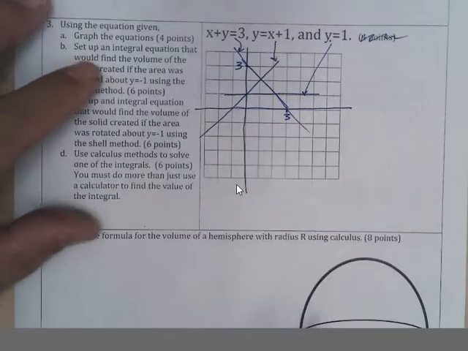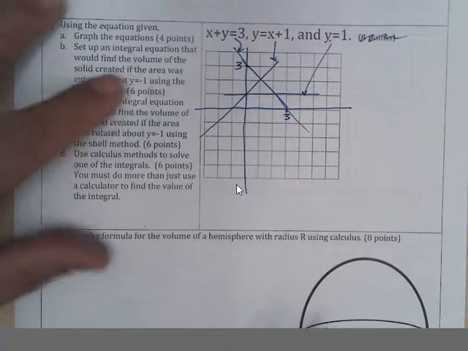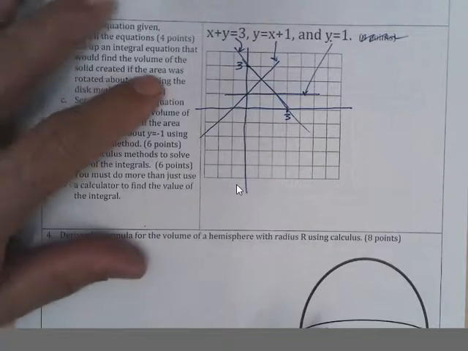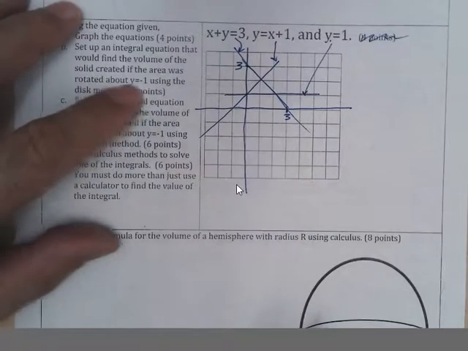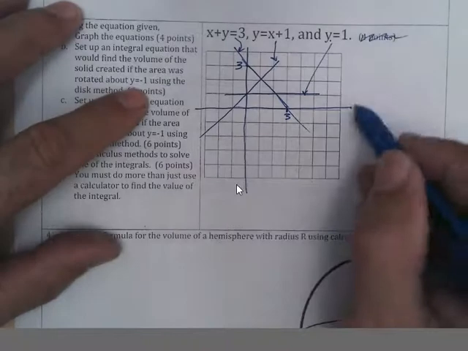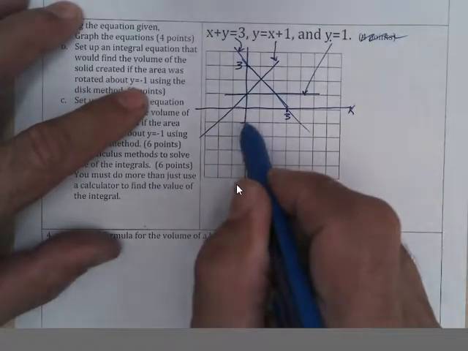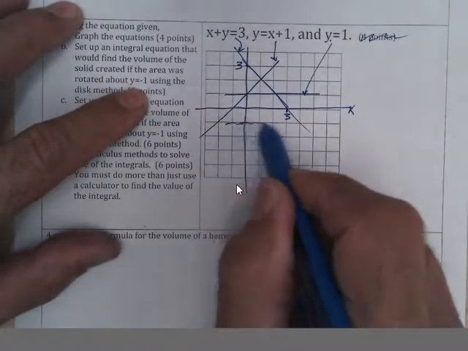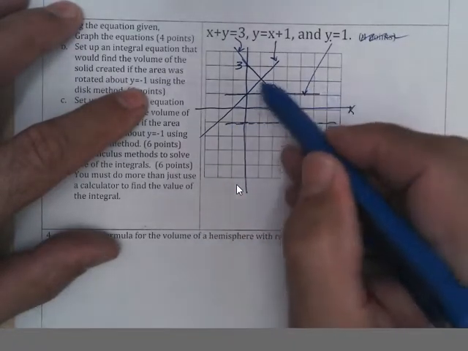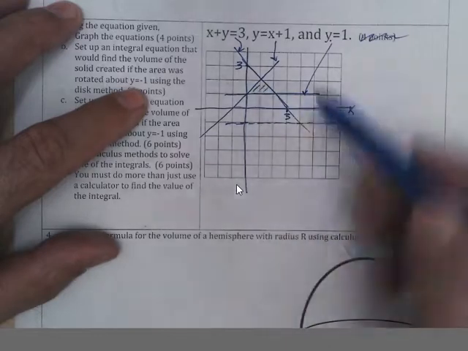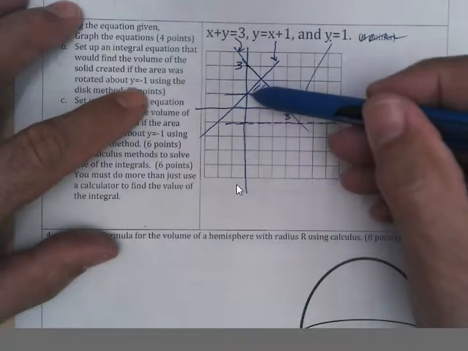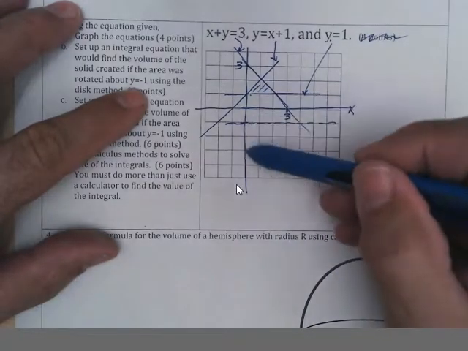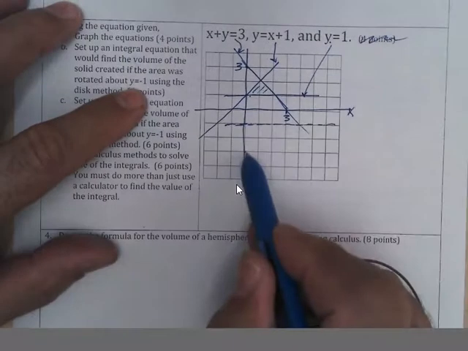Set up the integral for the equation to find the volume of the solid created if the area was rotated around y equals minus 1. So minus 1 is here. If I make that the axis, and this is the enclosed area, it's 2 above the axis, so it'll be 2 below. So it would end up here.